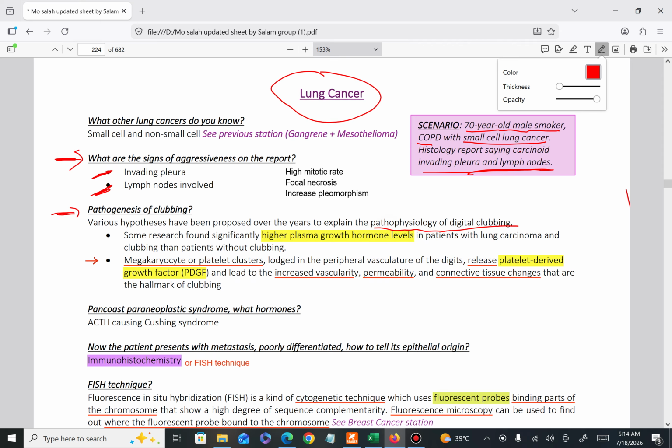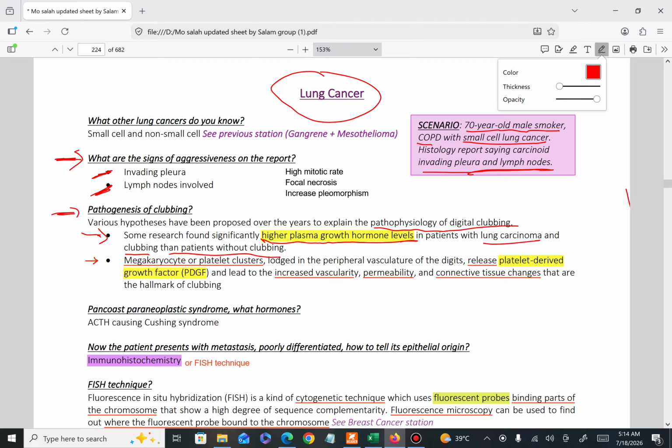So let's look into it. First, some research found significantly higher plasma growth hormone levels in patients with lung carcinoma and clubbing than in patients without clubbing. Okay, so this is one of the theories.